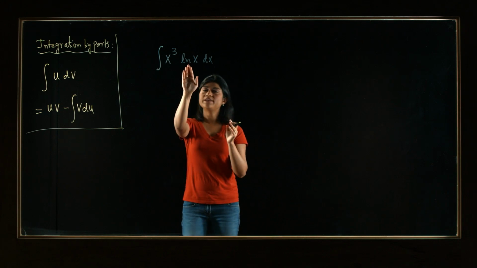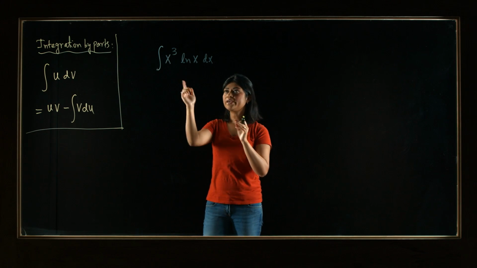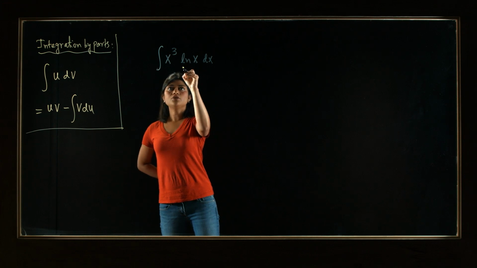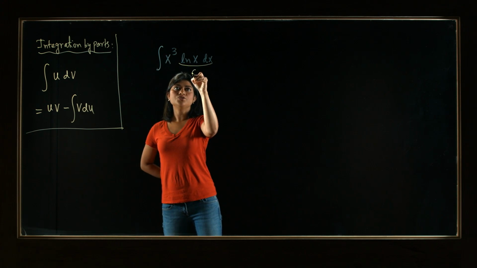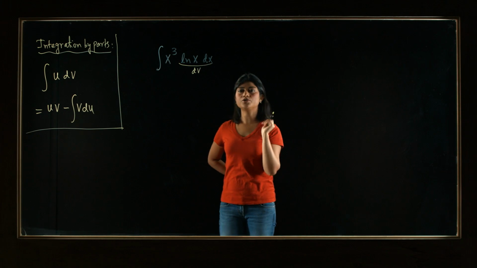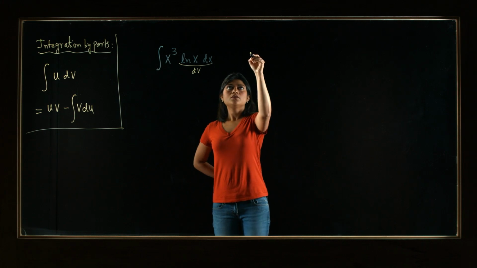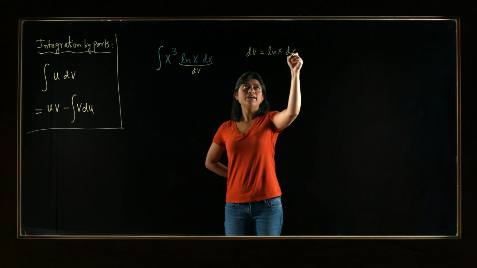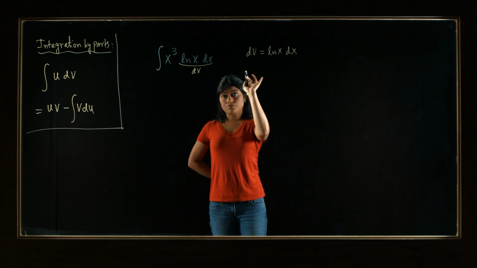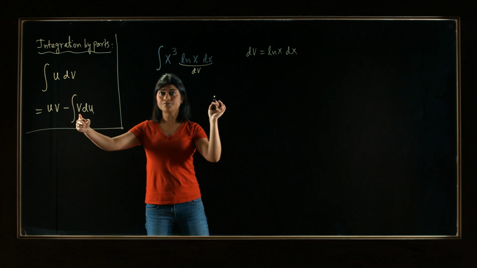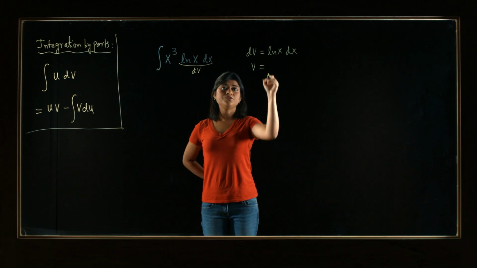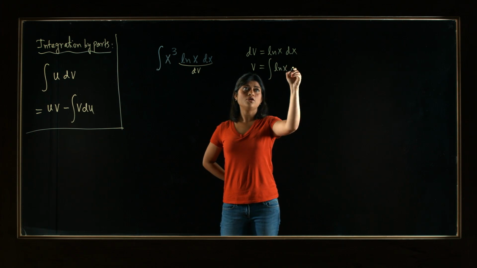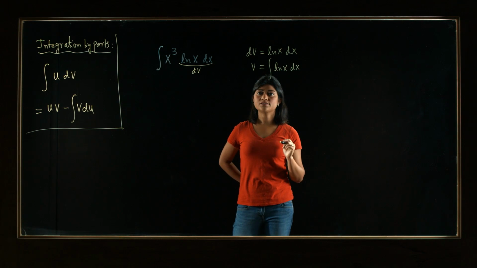So notice, we have a natural log function. So think, what happens if you choose the natural log function with the dx, your dv? So this is how you want to make the choice. If you do that, so dv is ln x dx, recall we have to extract v from there. So we have to evaluate v, which means we have to integrate natural log x dx.